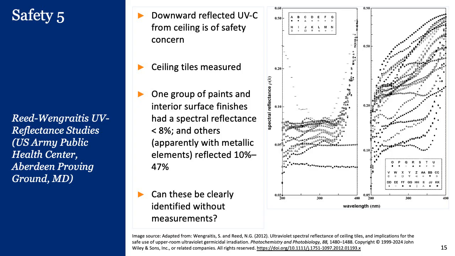It's not important to know what all these different ceiling preparations are. But as you can see, there's one group which is really low, which would be ideal. They're reflecting less than 1%. And then there's another group that goes anywhere from 10% to 50% reflection.